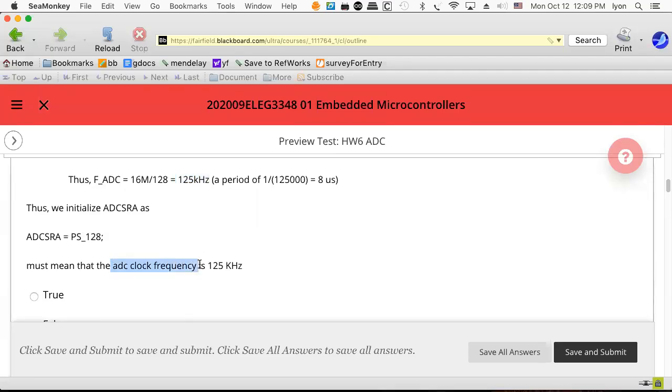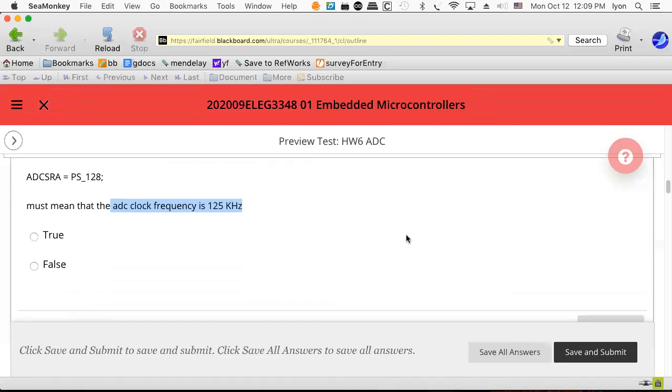But ADC clock frequency is not the same thing as ADC sample rate. So that's different, right? So does it mean that the ADC clock frequency is 125 kilohertz?